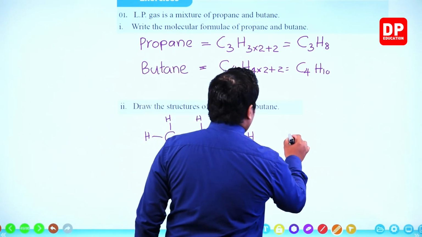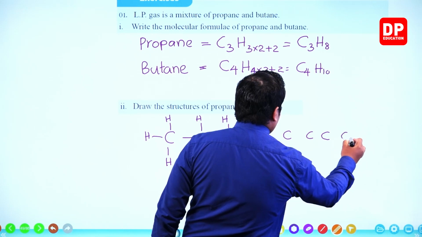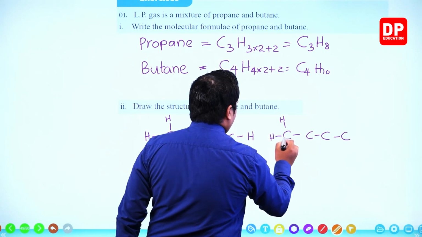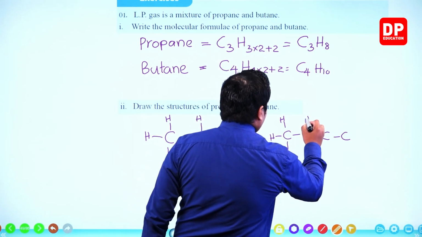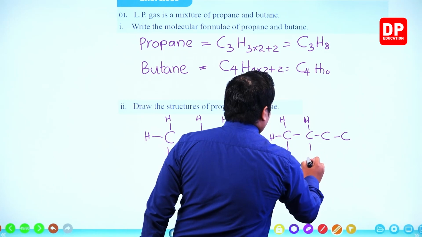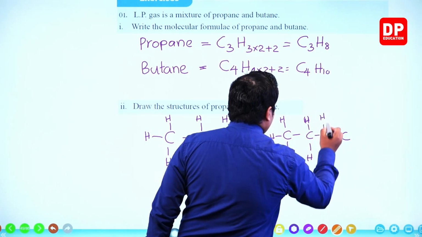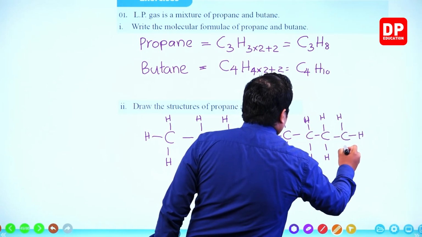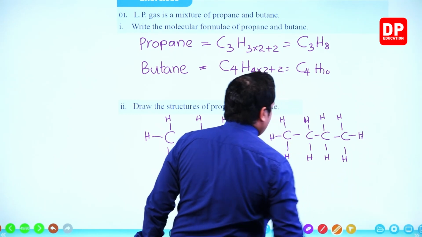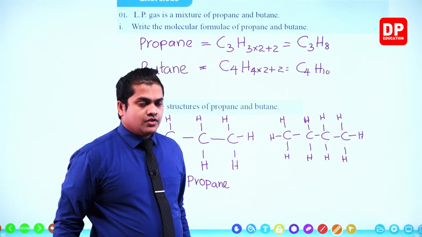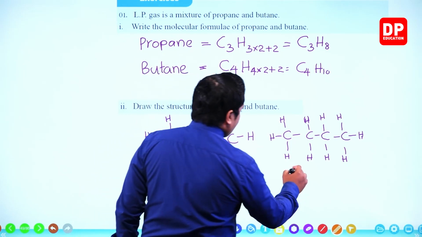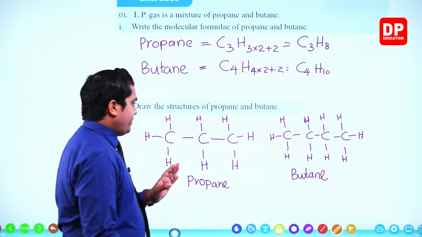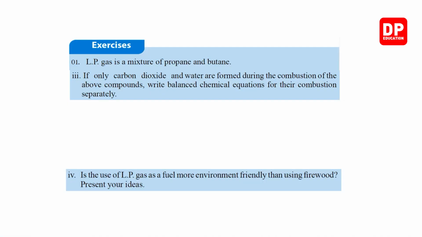Then the next one, butane: 1, 2, 3, 4 single bonds, then hydrogen. You know that each carbon atom can create 4 bonds. So, complete hydrogen like this, so that each carbon would have 4 bonds. Okay. So, this is butane. Propane and butane. Right, my dear children.